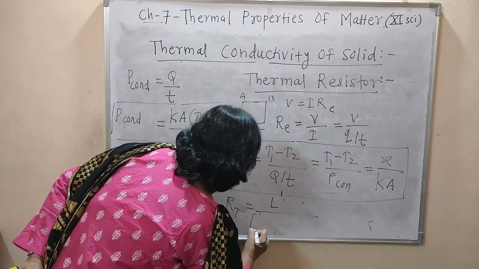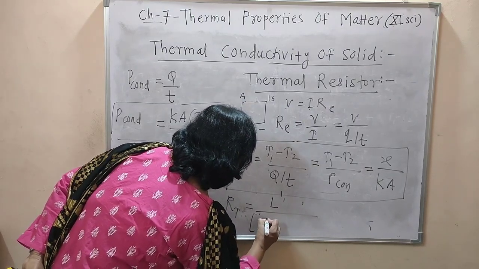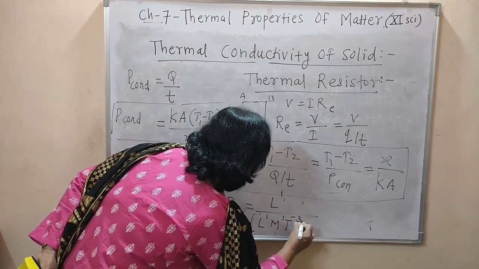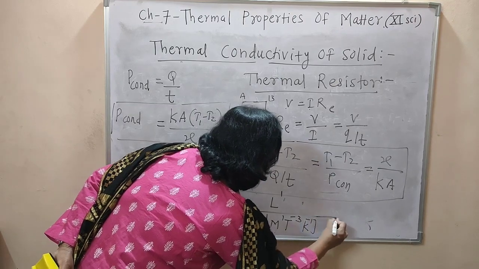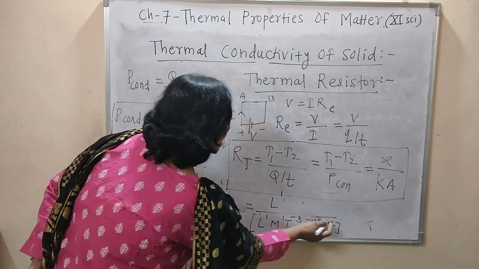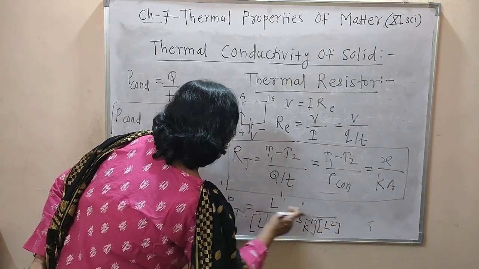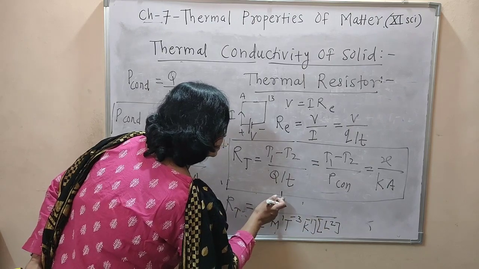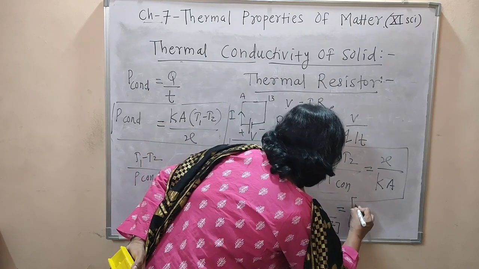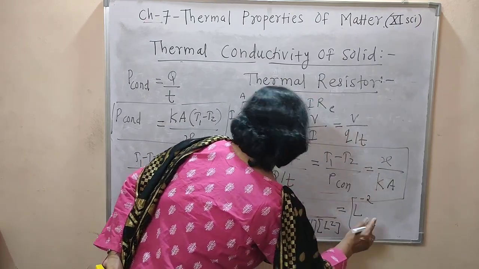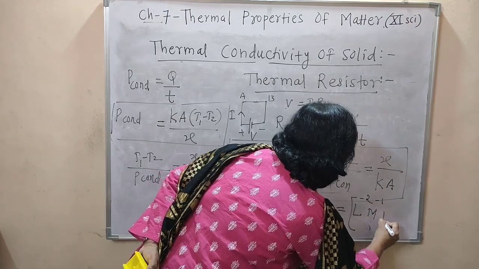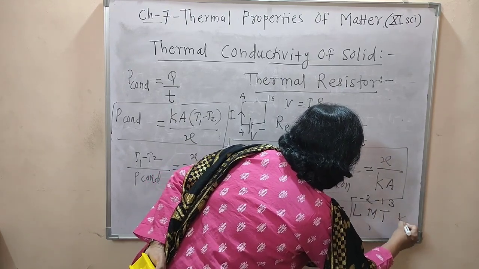Now dimension of thermal conductivity, just now we obtained that L raised to 1, M raised to 1, T raised to minus 3 and K raised to minus 1, and also the dimension of area, that is L raised to 2. Now it becomes total L raised to 3, and L raised to 1 minus 3, that is nothing but L raised to minus 2, then M raised to minus 1, then T raised to 3, and K raised to 1.